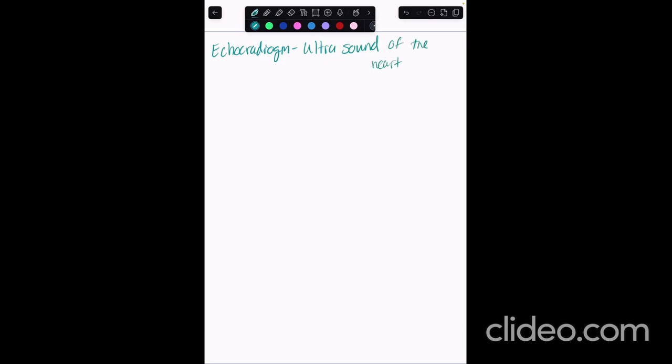So what that means is it allows us to look at how the blood flows throughout the heart.